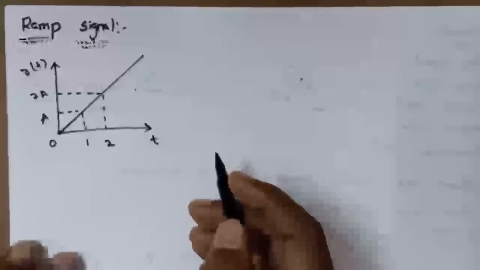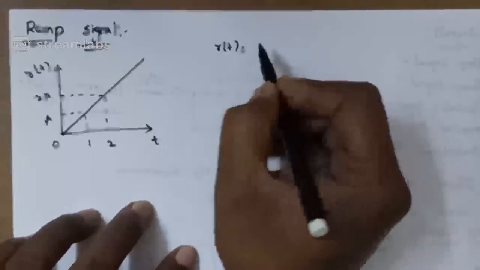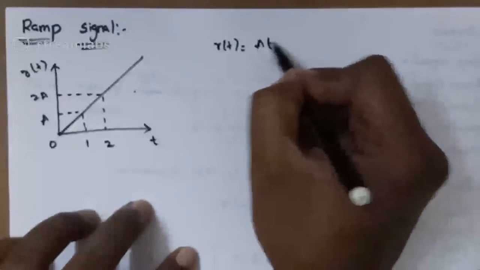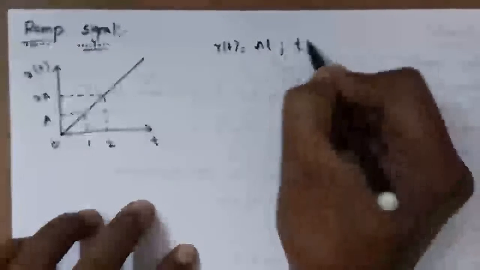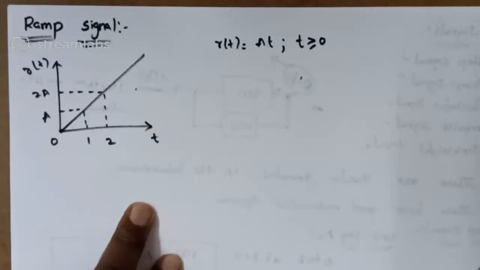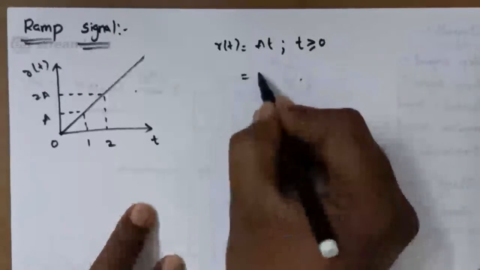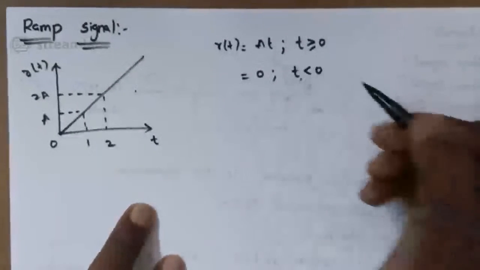Okay, let us see the mathematical equations. R of t is equal to A t when t is greater than or equal to 0. R of t is equal to 0 when t is less than 0.